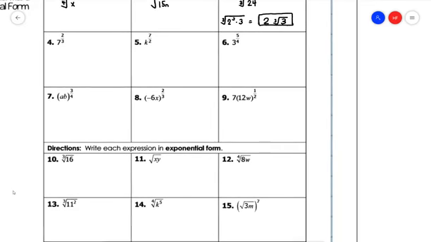Now number 4, we've got 7 to the 2/3 power. So we have the cube root of 7 squared, which is the cube root of 49. And we have k to the 7/2 power, which would be the square root of k to the 7th power, which we can take some of those k's out.